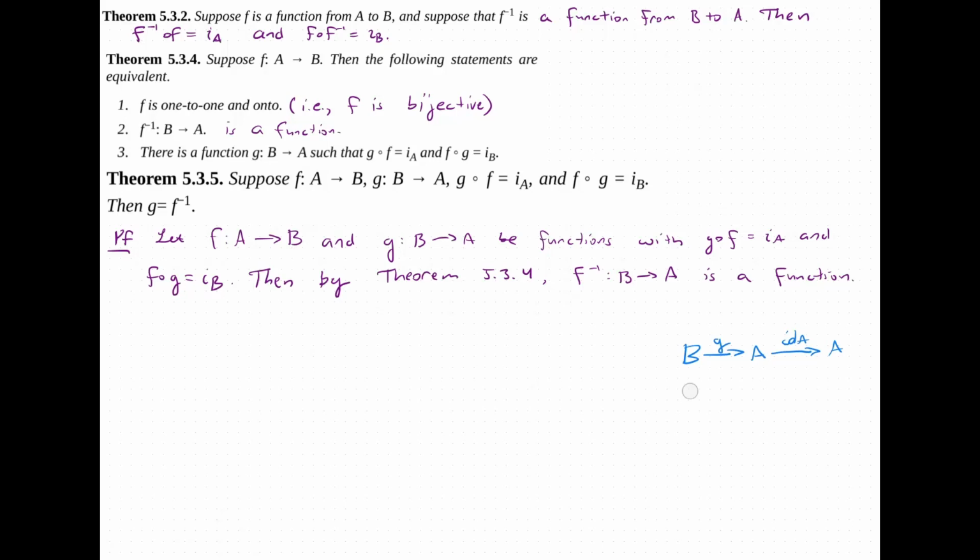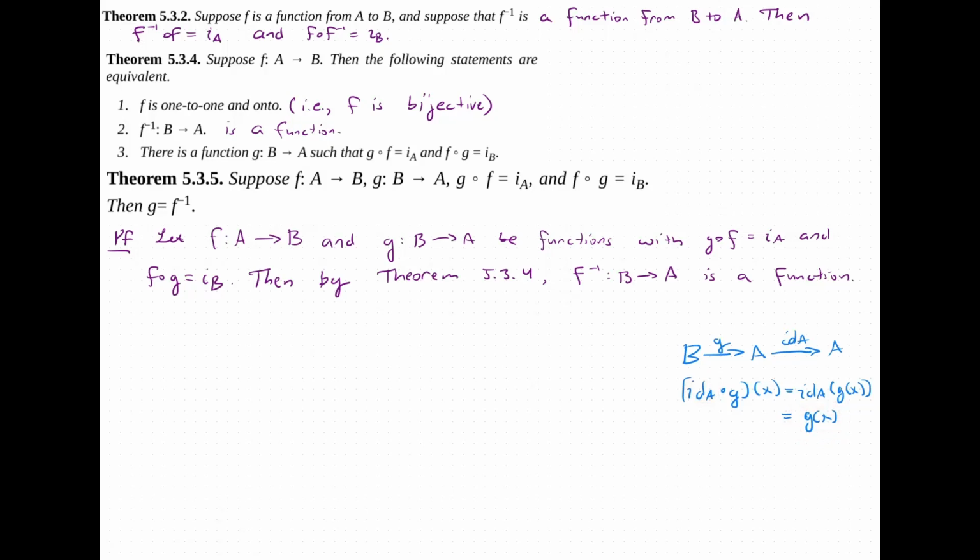Well, the identity on A compose g of x is the identity on A evaluated at g of x, but the identity just outputs the same input as output, so this is just going to be g of x. So identity on A compose g is just back to g of x.